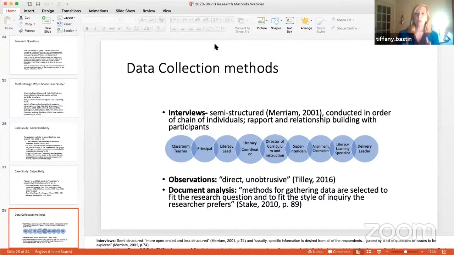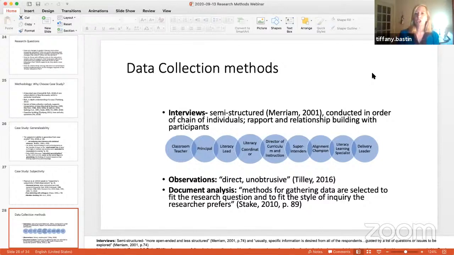You don't want to be so rigid that you only stick to the questions that you put at the start. So Miriam talks about that kind of interviewing and how that, again, in case study, this gives a lot of flexibility in what you hear back from others. The rapport and relationship building with the individuals.